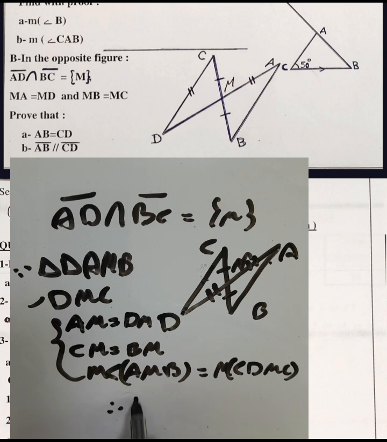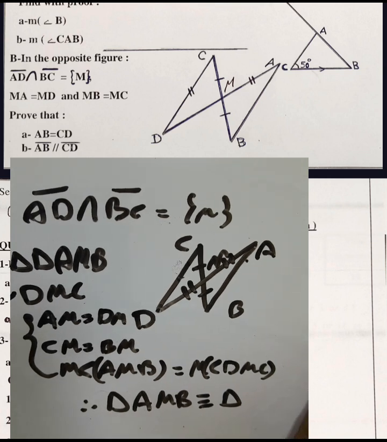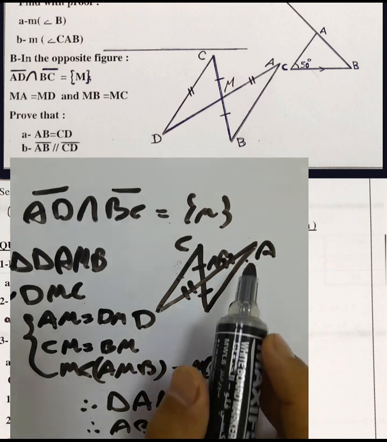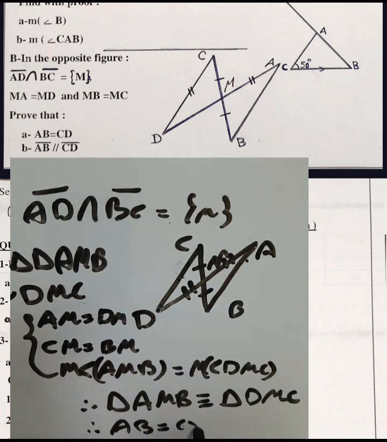Then the first triangle AMB is congruent to the second triangle DMC, so we can prove that EB will be equal to CB.